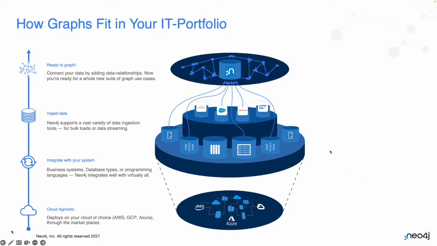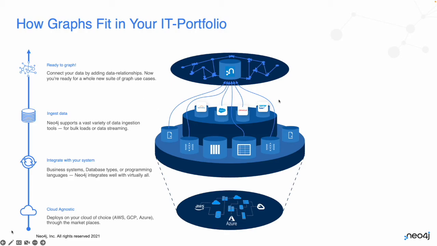And again, this was briefly how this fits in your portfolio. I think the stress here is that they're extremely agnostic. You can do this on any cloud platform. You can ingest from any system, and then you're ready to graph.